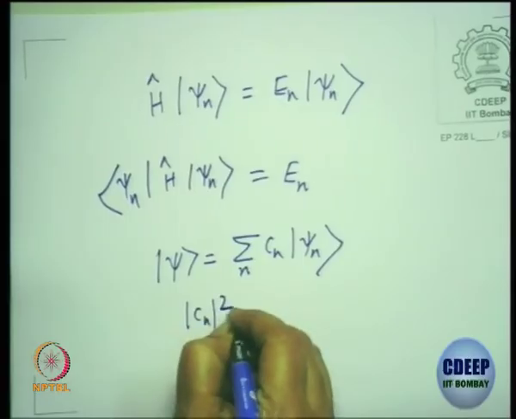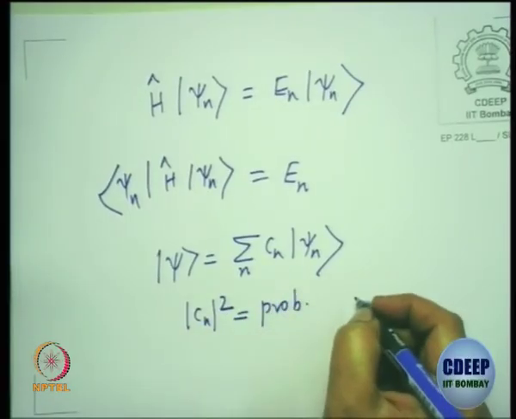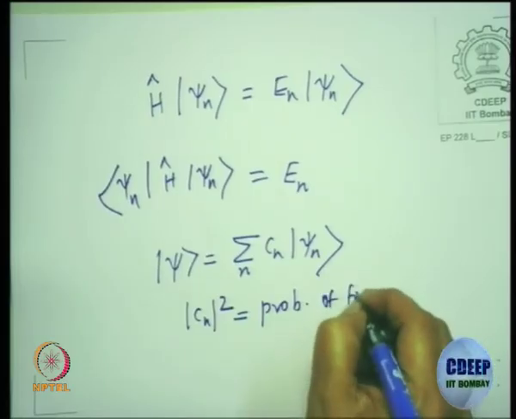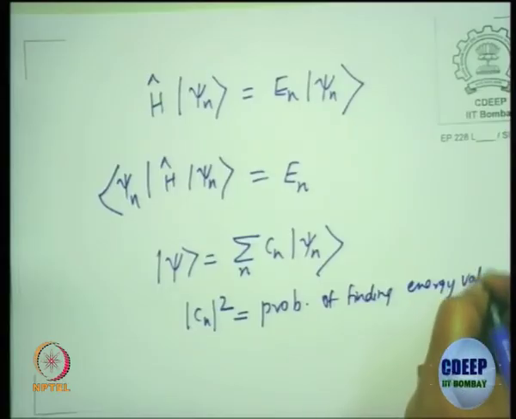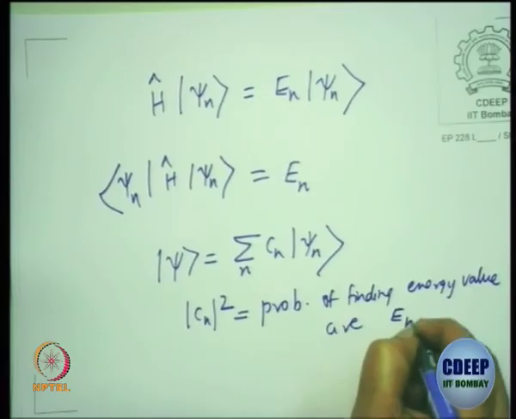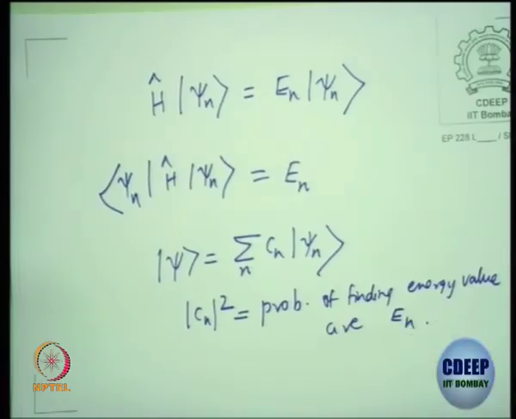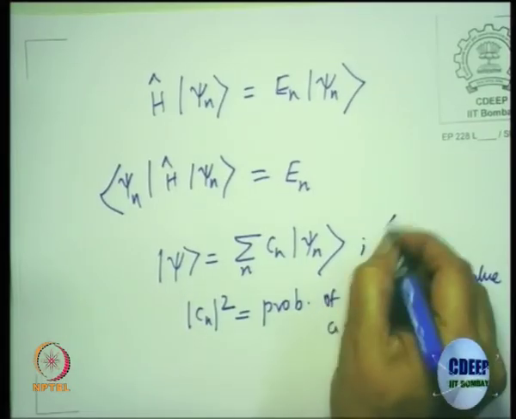So mod Cn squared is the probability of finding the energy value as En. Okay. Since we always take the state psi to be normalized, what does it mean?